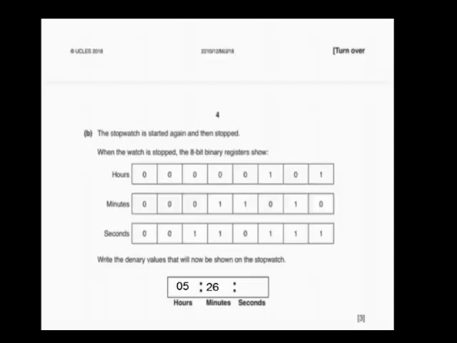If we convert the binary register into Denary for seconds, we just need to cross out the value under a 0, so we will cross out 8, then 64, then 128, and finally we will add the remaining positional values. When we add 32 plus 16 plus 4 plus 2 plus 1, it will be equal to 55.